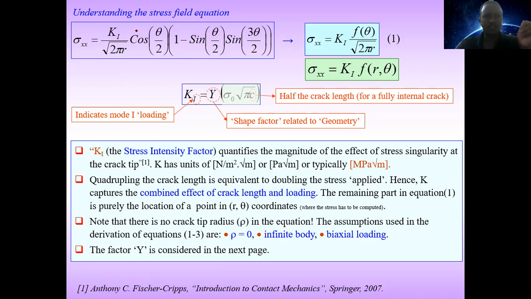These quantities as a function of theta, so f of theta over radical of 2 pi r. Again, this is also a function of r, so we can put it as f of r theta. Okay, so sigma xx is equal to Ki f of r theta in terms of function.